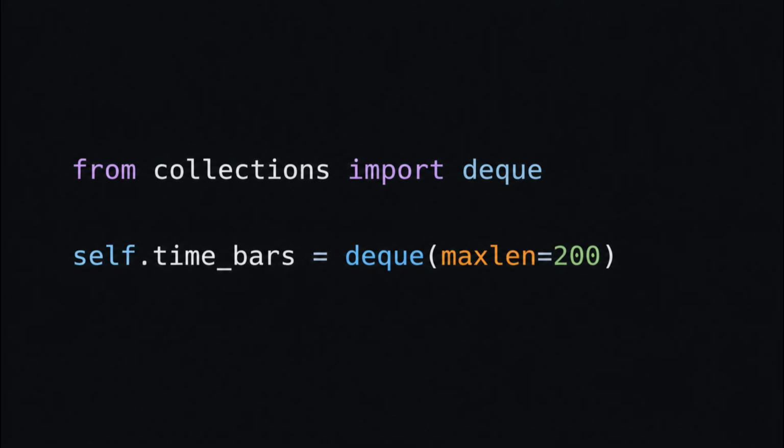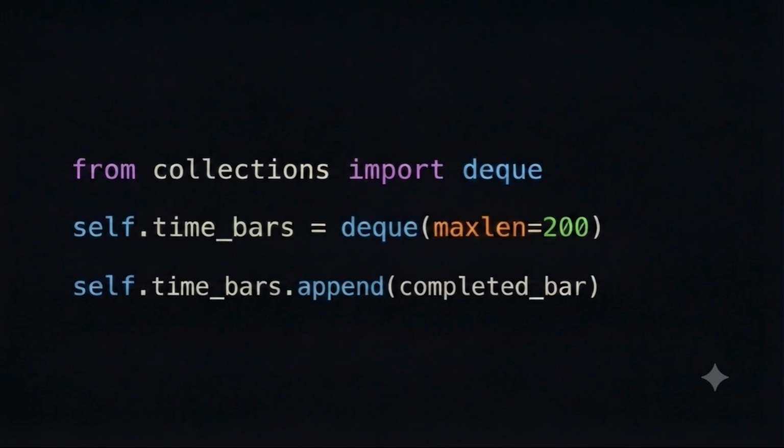This one line, self.time_bars = deque(maxlen=200), told Python to remember only the most recent 200 candles. From this point on, we no longer have to think about housekeeping. We simply append a new candle, like we would do with a list, and the deque quietly maintains our rolling window in the background by removing the oldest candle.